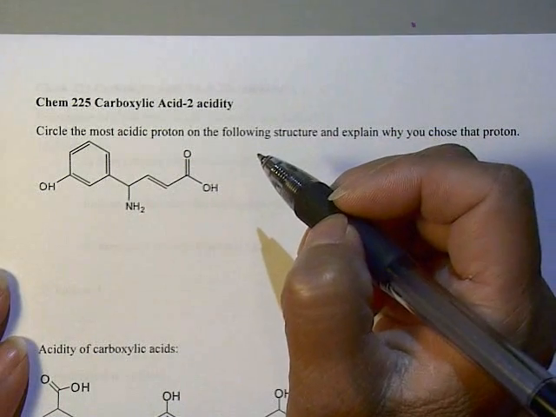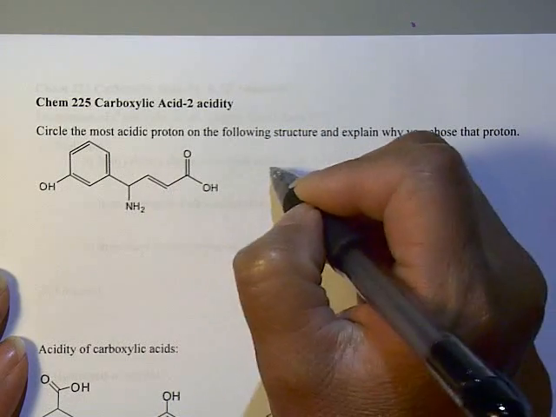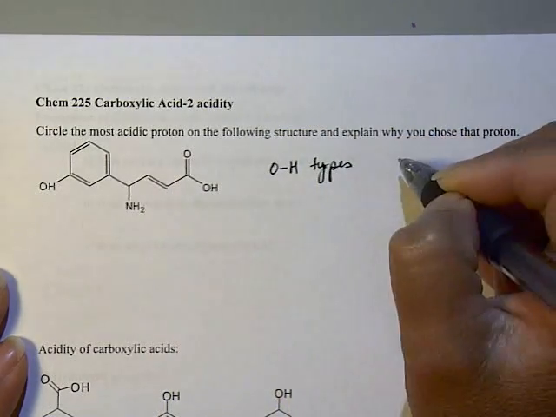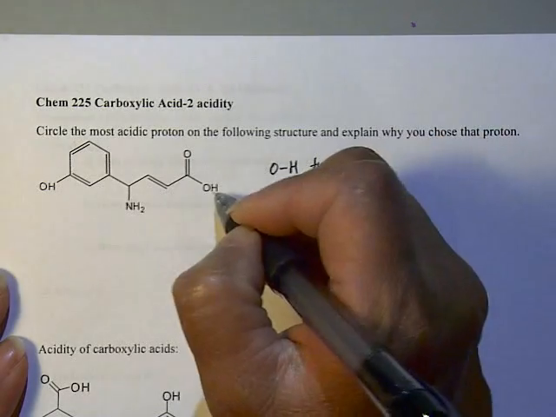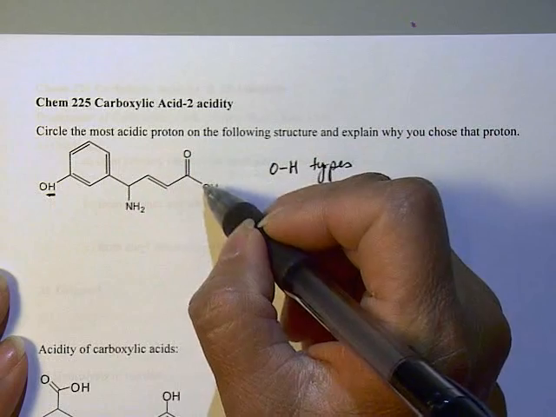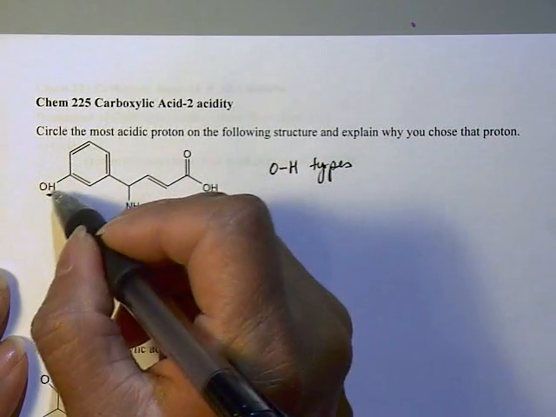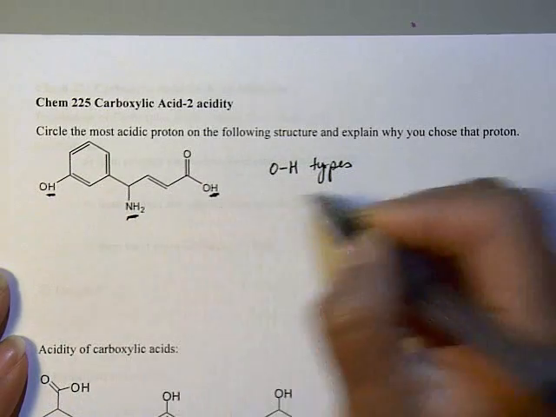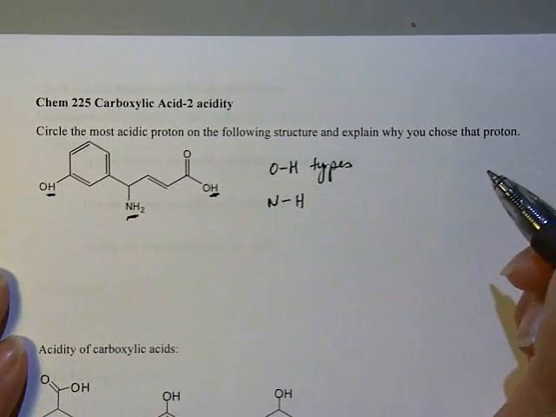So we have many types of hydrogens here. We have OH types. So we have two OH types, one in here and one in here. One is an OH of the carboxylic acid, the other is an OH of a phenol type. And then we also have an NH type here.